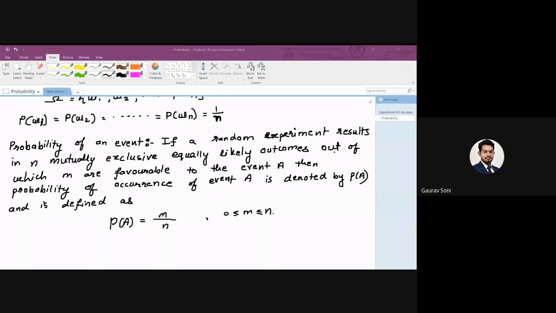What is m? M is the number of outcomes favorable to A. And what is A? A is an event. An event will always be a subset of the sample space. So an event must always have fewer elements than the sample space.